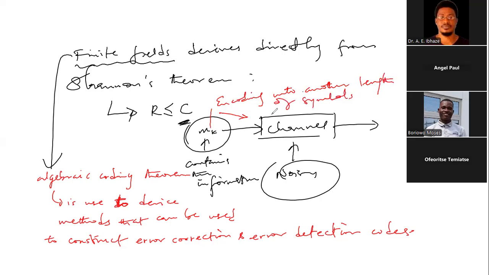Okay? So it means that there is another combination of symbols that will be added to these message symbols to create that level of immunity.